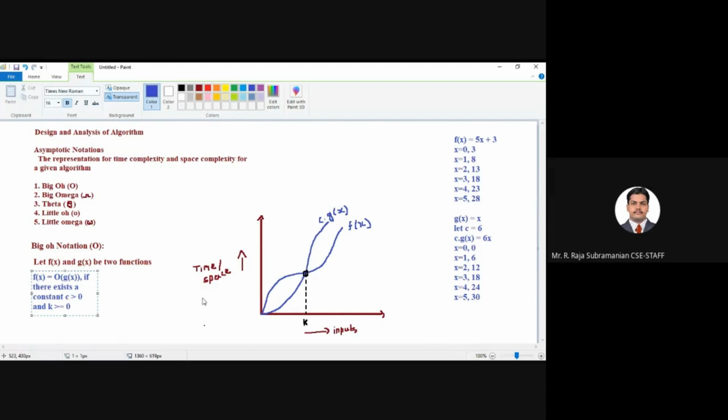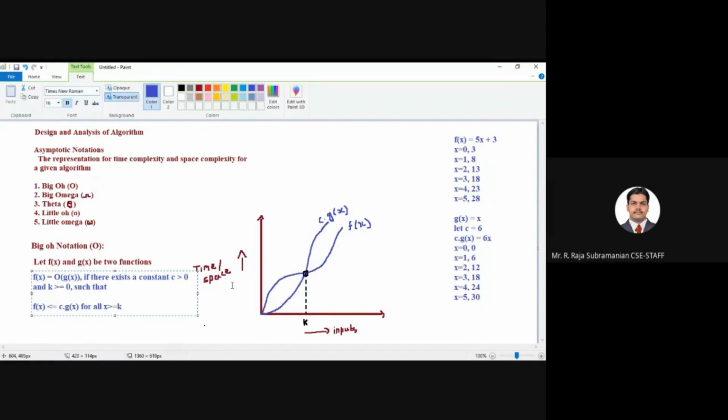If k becomes 0, from the initial point onwards g of x will be greater, right? So if there exists a constant c greater than 0 and k greater than or equal to 0, such that f of x is less than or equal to c into g of x for all x greater than or equal to k.